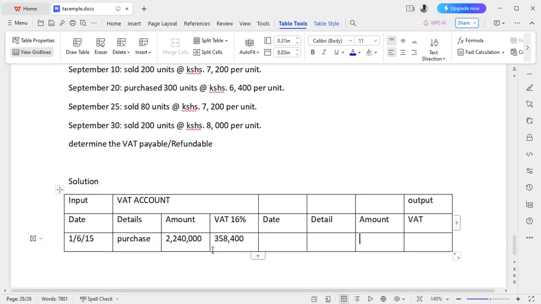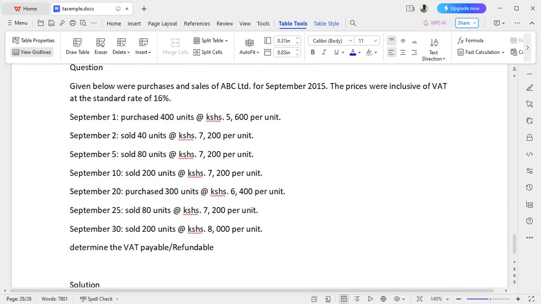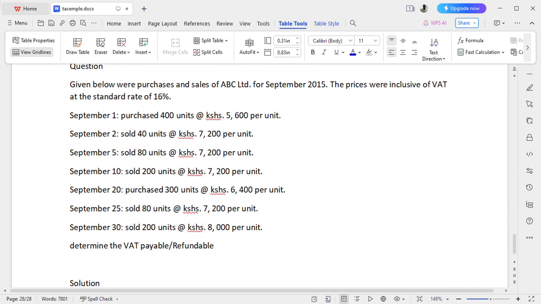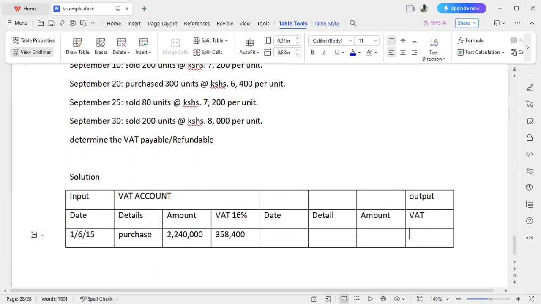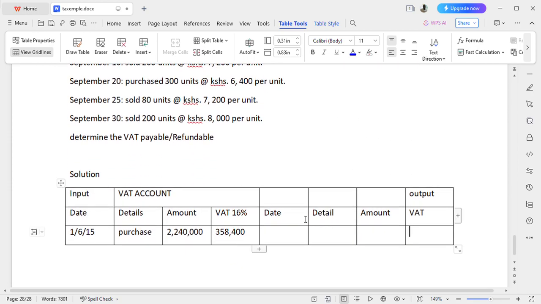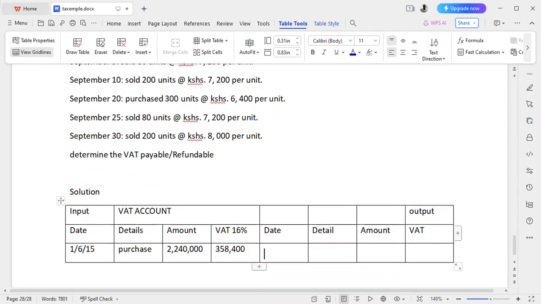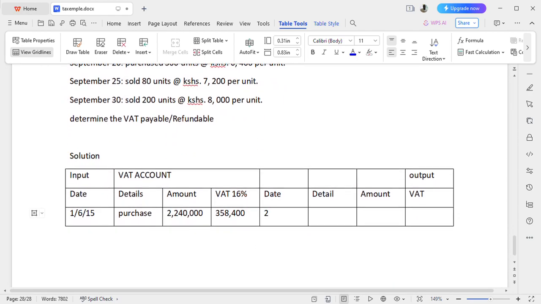Next, sold 400 units at 7,200. That is on 2nd September 2015.